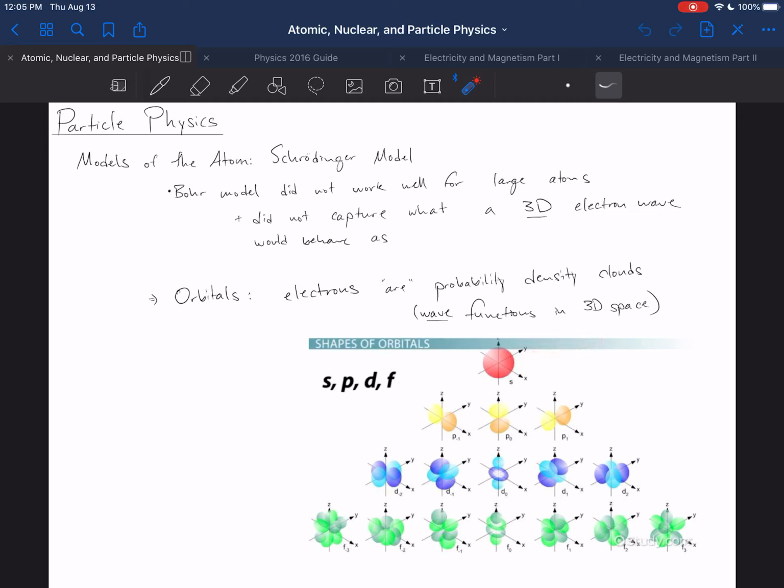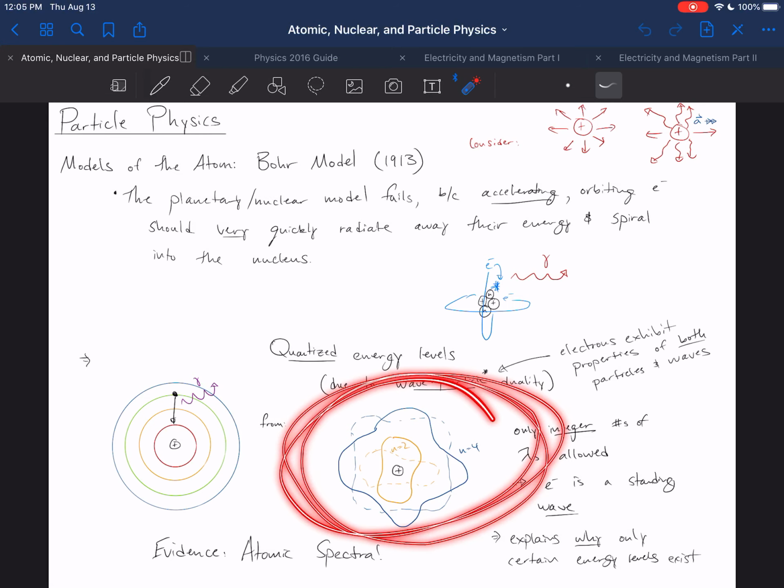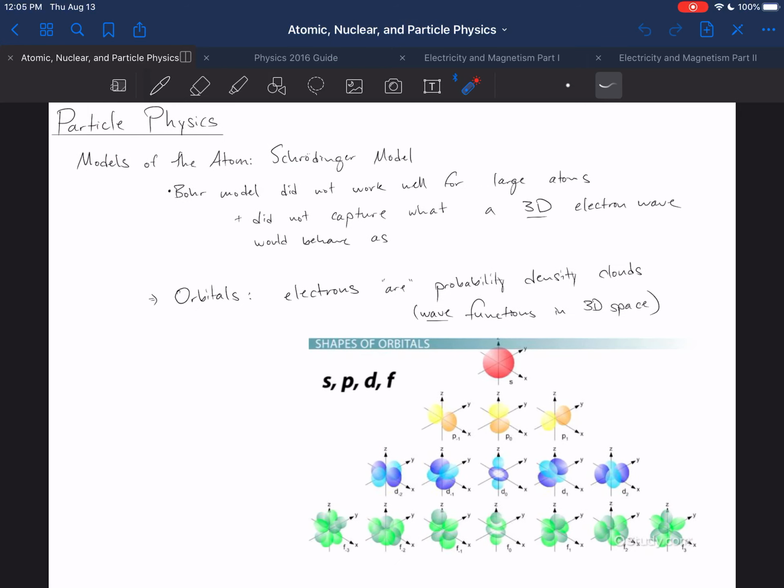It's worth noting that this cloud is simply a visual representation of the solutions to the wave function, this kind of thing, in three-dimensional space.